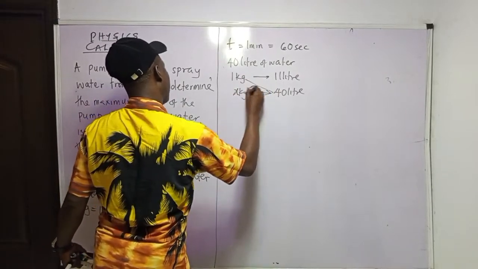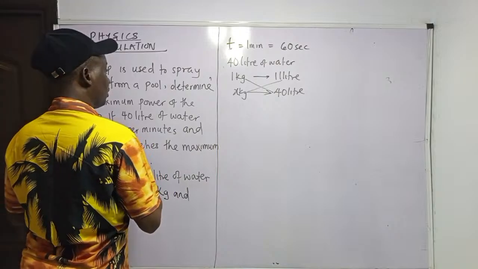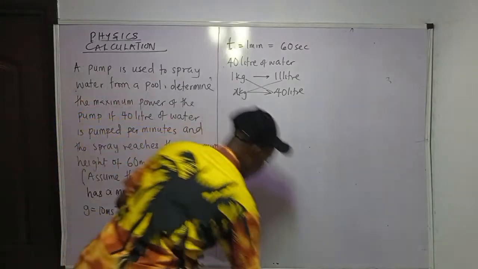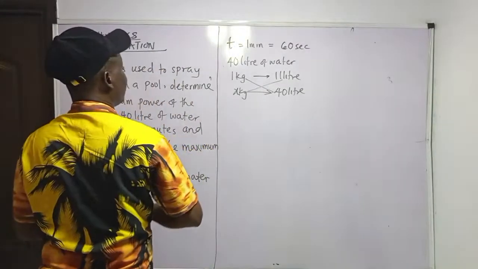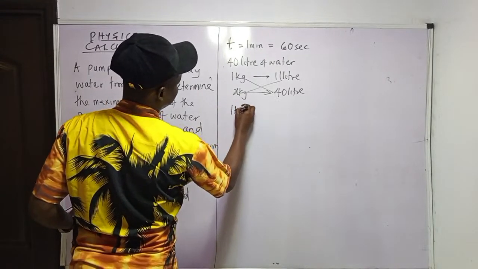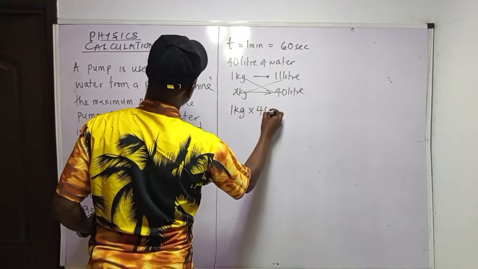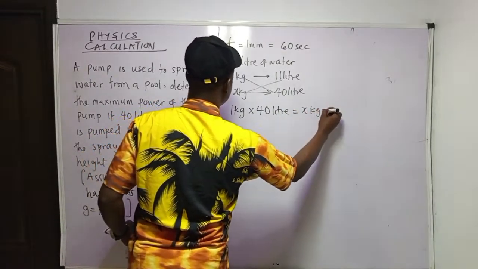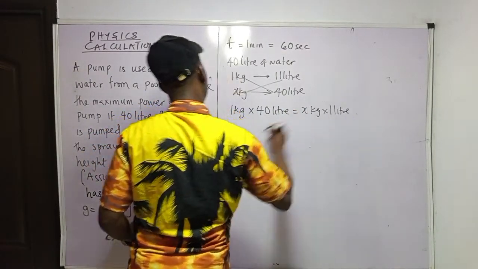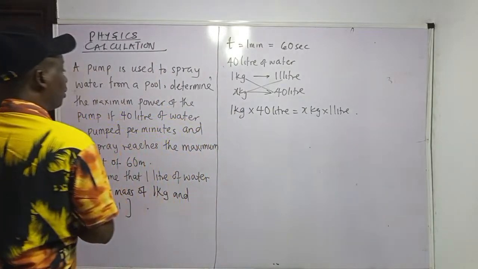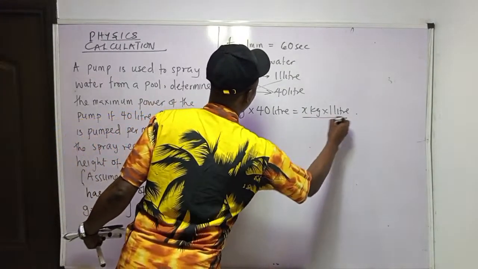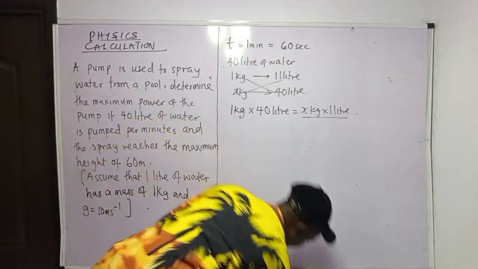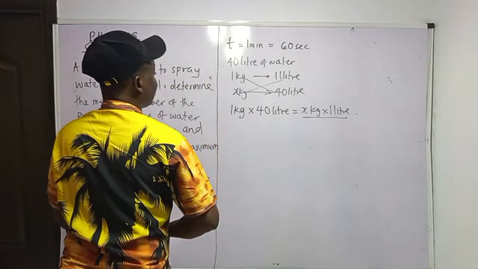We are going to have 1 kg times 40 liters equal to X kg times 1 liter. Divide both sides by 1 liter.